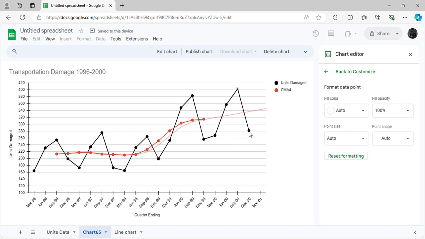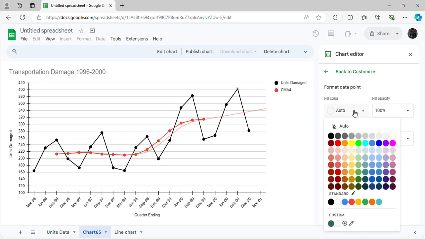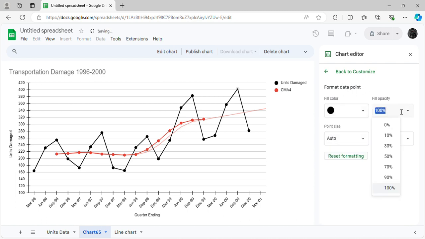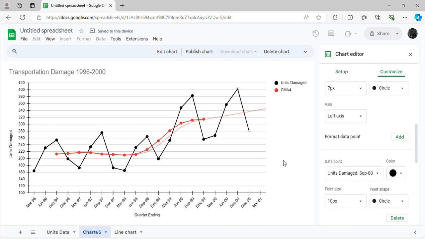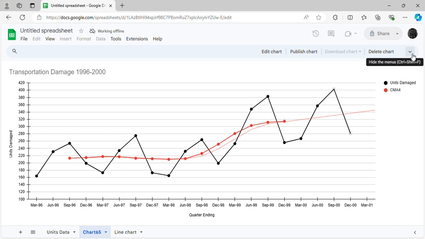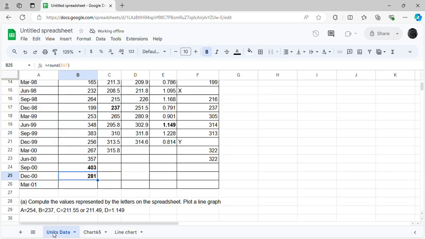And for the other data point as well, the forecast data point, 10% opacity, and the point size let's make it 10. So that's our forecast. Next question.